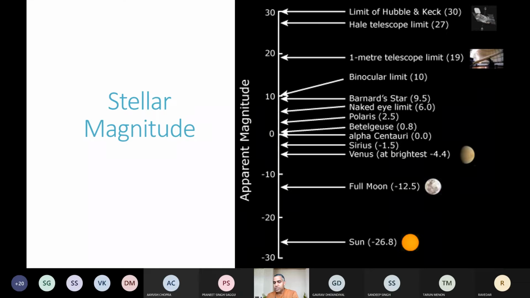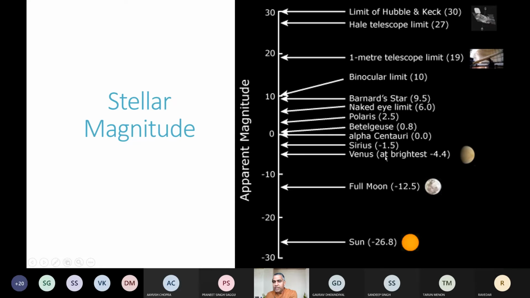Like you can see the diagram which is there on the right side of the screen, the black color diagram. It gives us the stellar magnitude of the sun as minus 26.8. So sun being the brightest object in the sky, its stellar magnitude is of the minimum value. The second brightest object is the moon. So full moon has a stellar magnitude of minus 12.5.